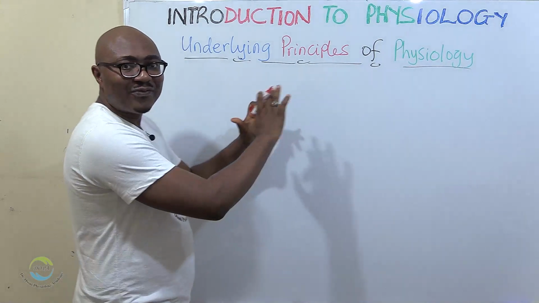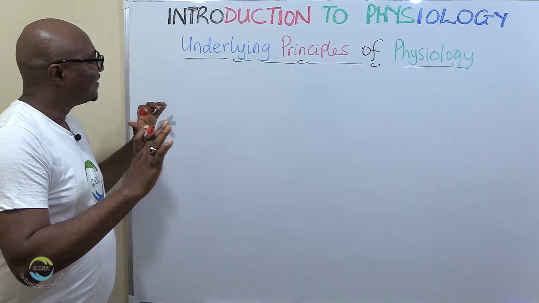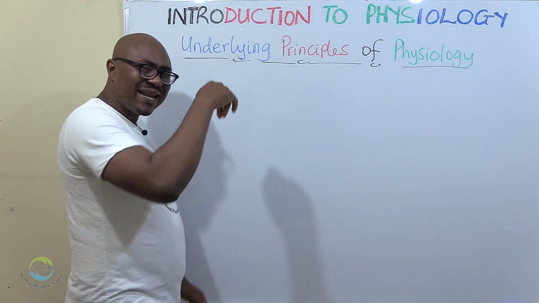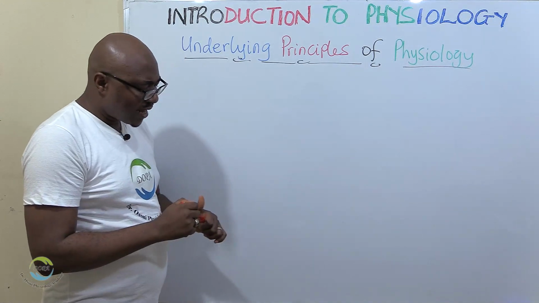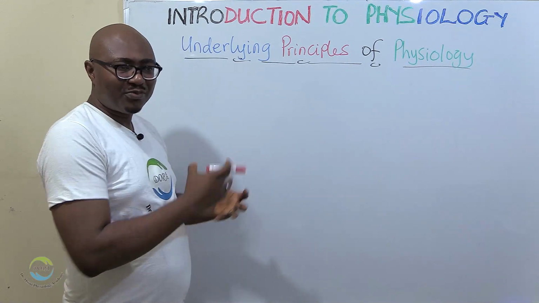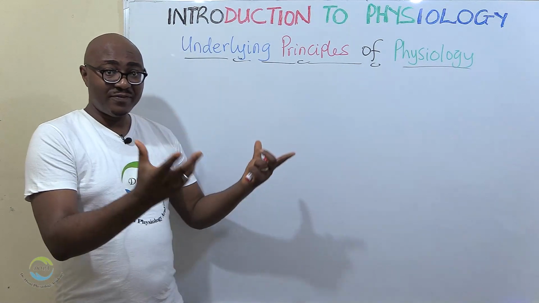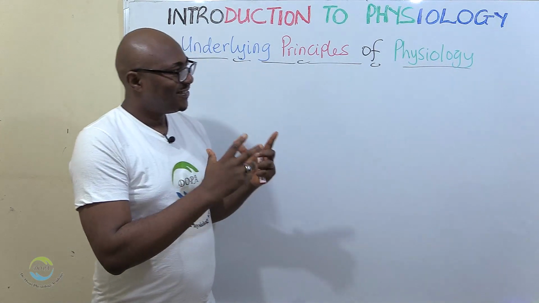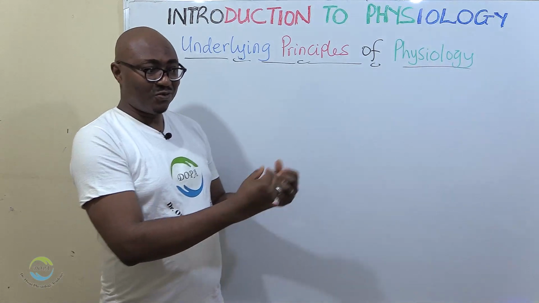So the third and final part of the introduction to physiology, we're going to be dealing with underlying principles of physiology. Now, why underlying principles? Why are we talking about principles? When you first start studying a field, this is a new field to those who are just entering 200 level.